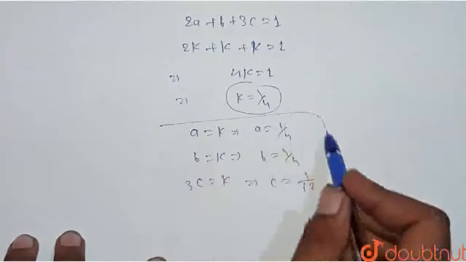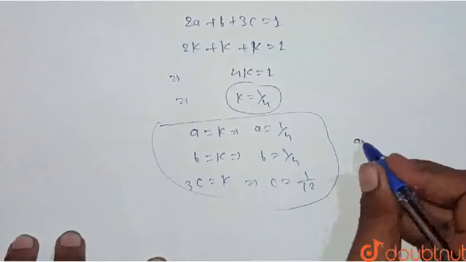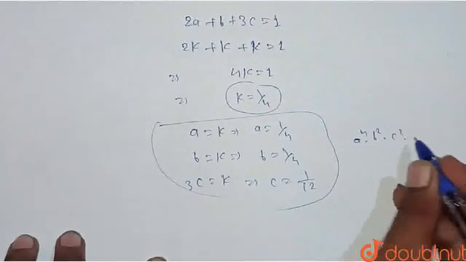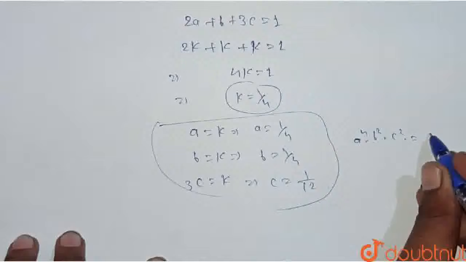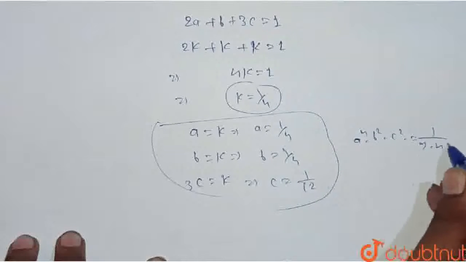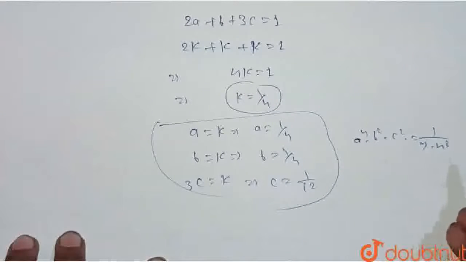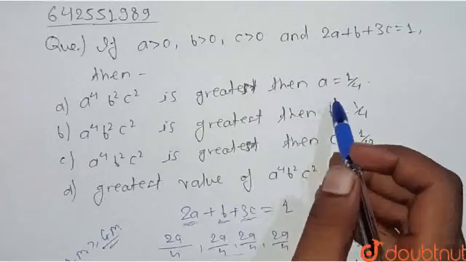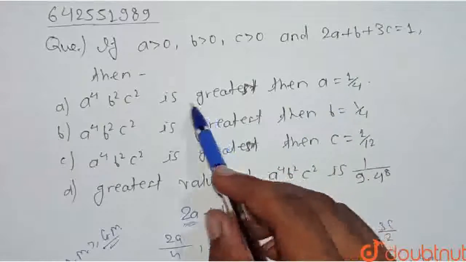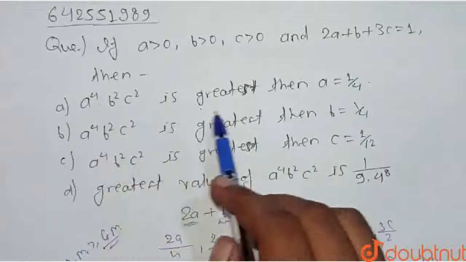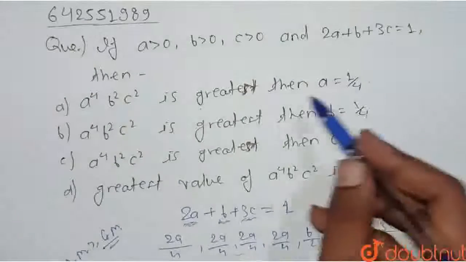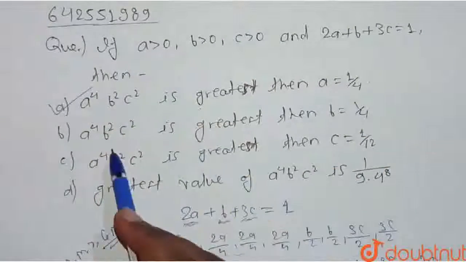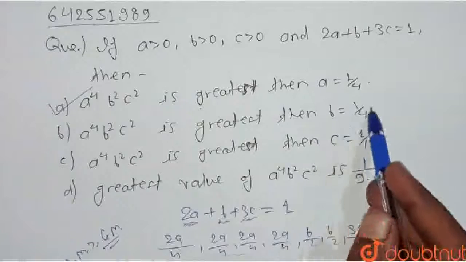So these are the values of a, b, c when a raised to the power 4 b square into c square has the greatest value, which is 1 upon 9 into 4 raised to the power 8. So we can check the options through these answers. Option A is a correct choice because it says that when a to the power 4 b square c square is the greatest value, then a is 1 by 4, and we get the value of a is also 1 by 4, and the same for b, we are getting 1 by 4.